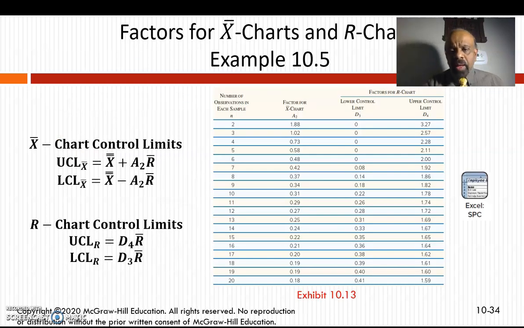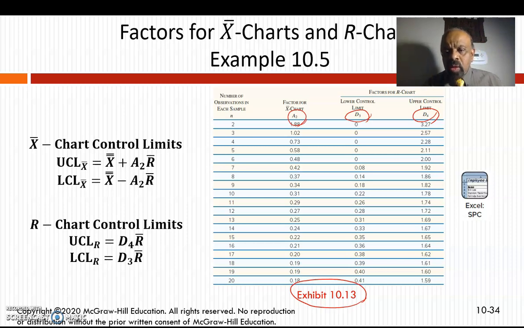So if I have something like this, this is exhibit 10.13. It gives you the numbers. It gives you A2, D3, and D4. D4 is the factor for the upper control limit.